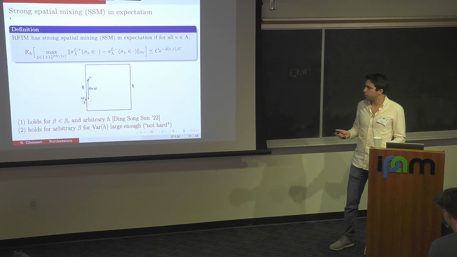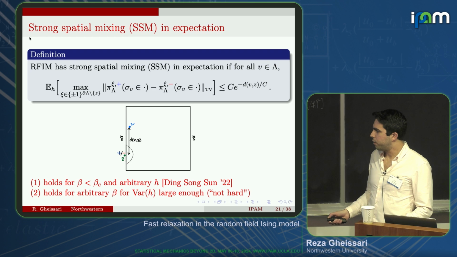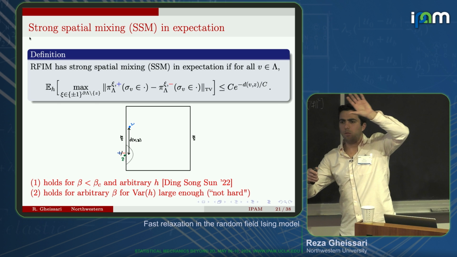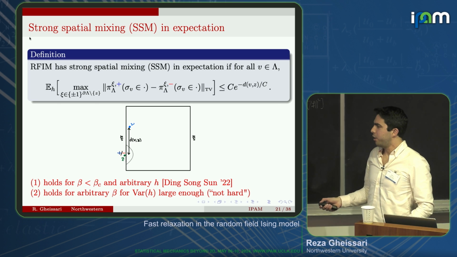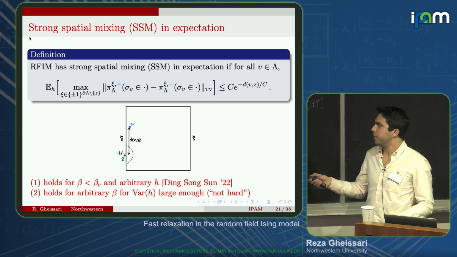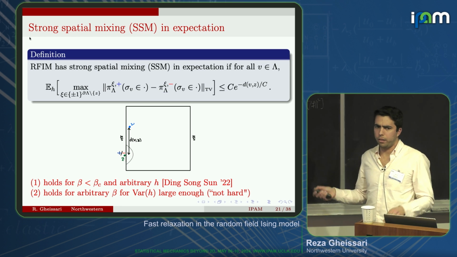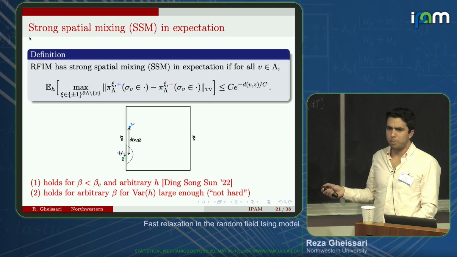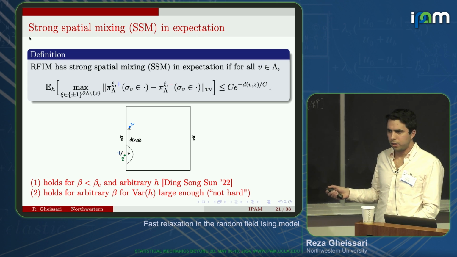So this holds at all high temperatures by this correlation inequality regardless of what the field is. But also, in the crude arguments part of the picture I showed, if the variance of the field is sufficiently strong, then even if the temperature is very low, you have this strong spatial mixing in expectation.